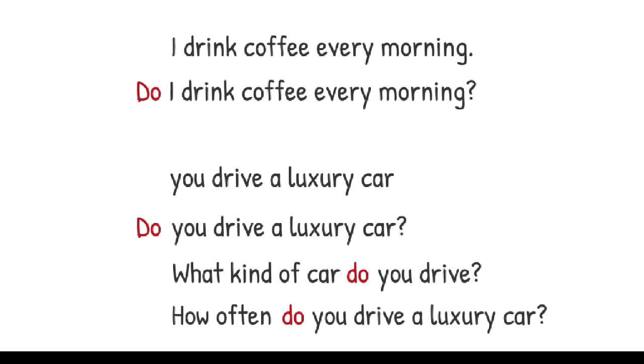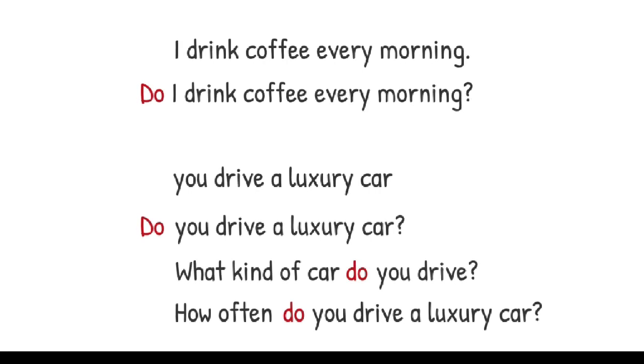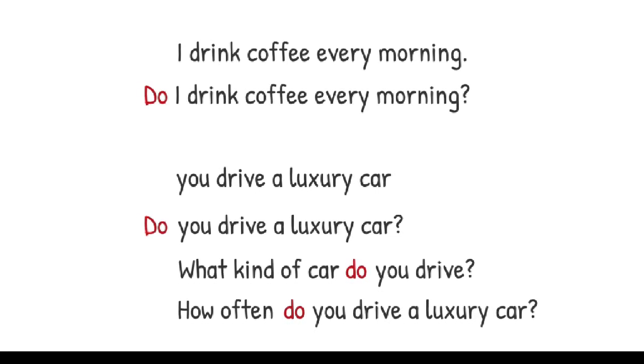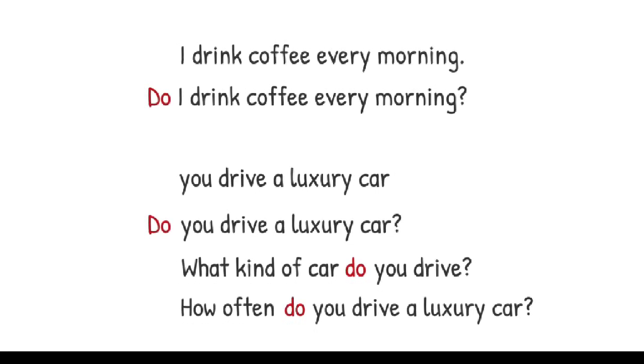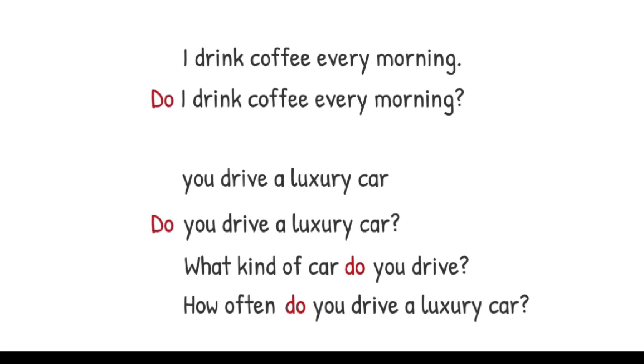You see, the auxiliary verb do always comes before the subject in questions. Paul often works late. Paul is a he, so we use does in questions instead of do.